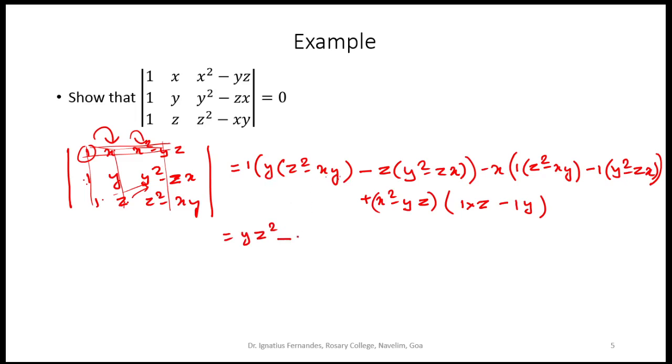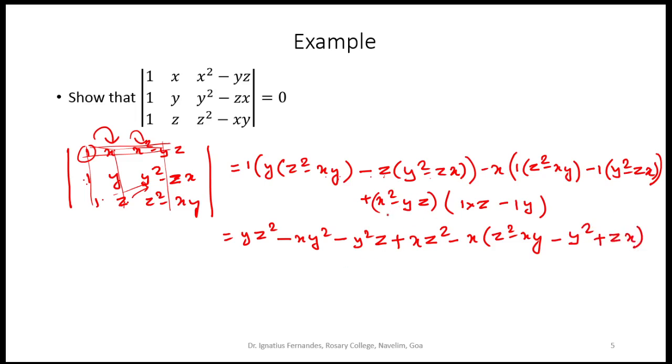So y into y will be y square, so x into y square, minus z into y square, so y square z minus z into minus zx, so that is plus x, and z into z will be z square, so x into z square, minus x into z square minus xy minus 1 into y square is y square, and minus of minus zx is plus zx.